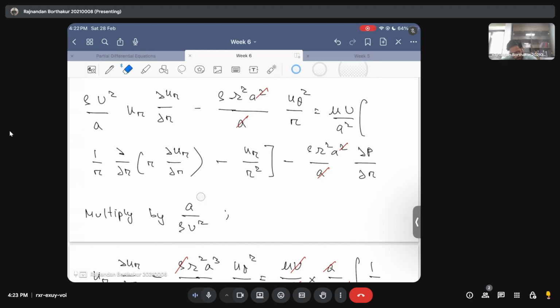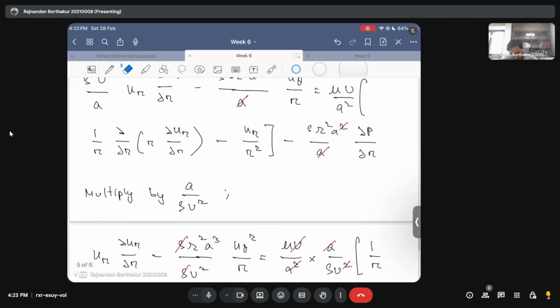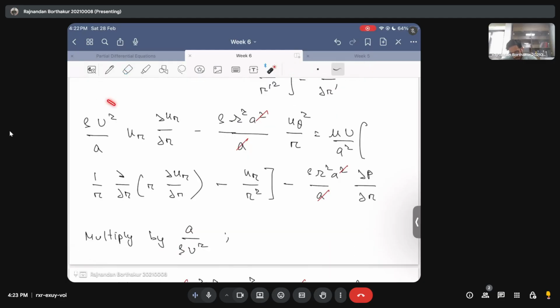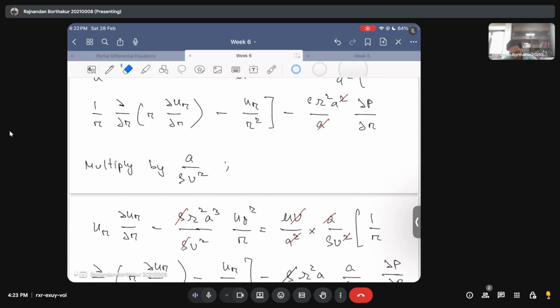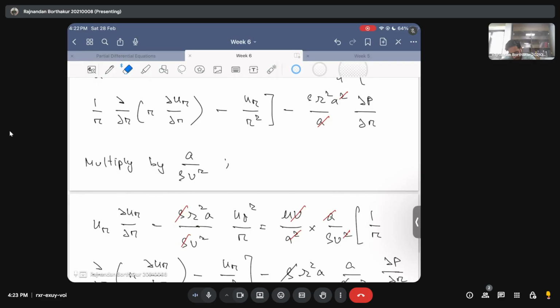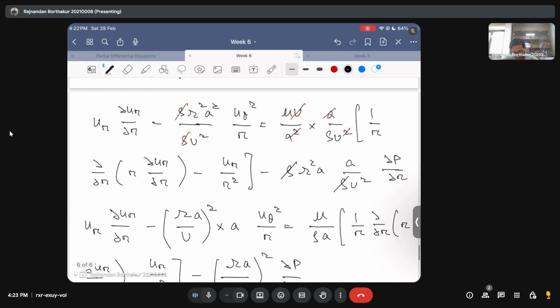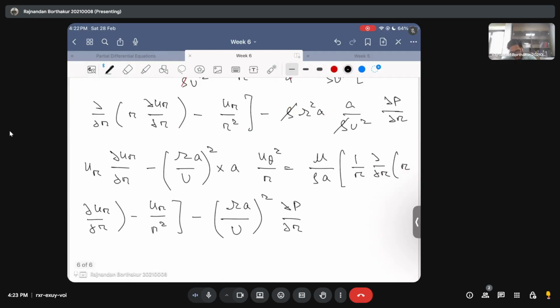This is not A squared. This is A basically. So I'm multiplying by the reciprocal of this. So this is not A squared. This is just A, which means this has to be A squared. Yeah, that's what I'm thinking. I'm adding an A extra here. Okay. Yeah. So then this A will not come here, which means this is just this. Yeah, fine enough. Now I think it's clear.